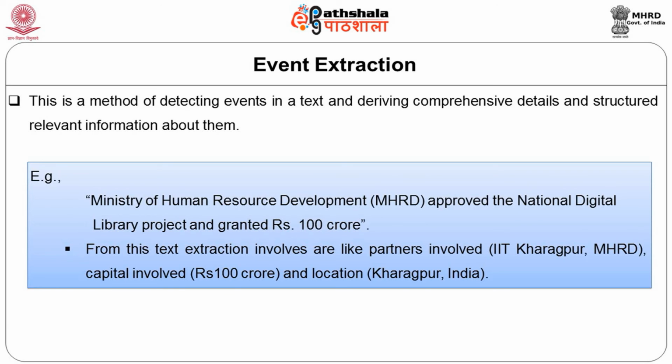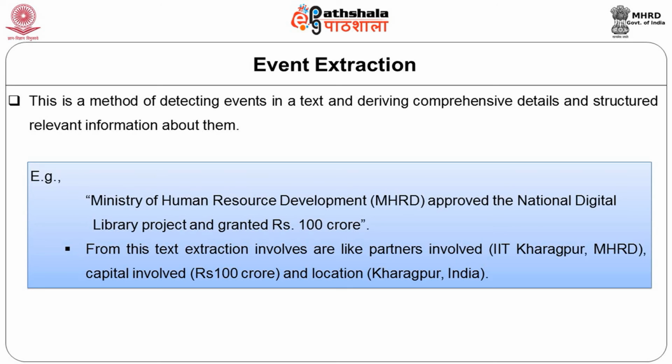recognizing partners, such as in this digital library project, as we know, IIT Kharagpur of the MHRD is participating. There is money involved, capital involved, it is 100 crore rupees, Indian rupees, and there is a location involved, and that is Kharagpur, India.